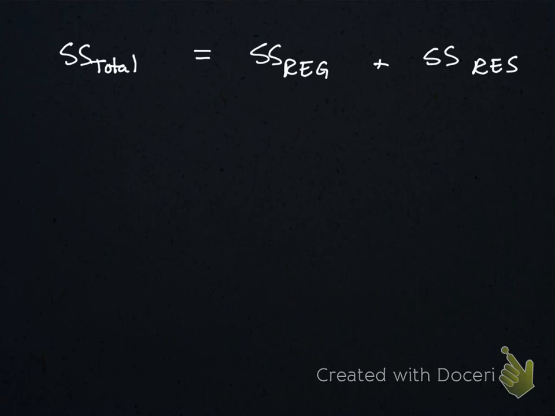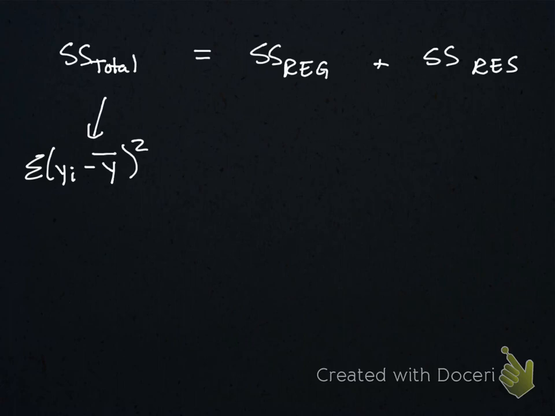So our total sum of squares is going to be the same sum of squares term that we would use to calculate the sample variance for that y variable. So it's going to look something like this. It's going to be the sum of each score on y for each person minus the mean on y, squared. So that's the same thing we would use in the numerator of a sample variance.